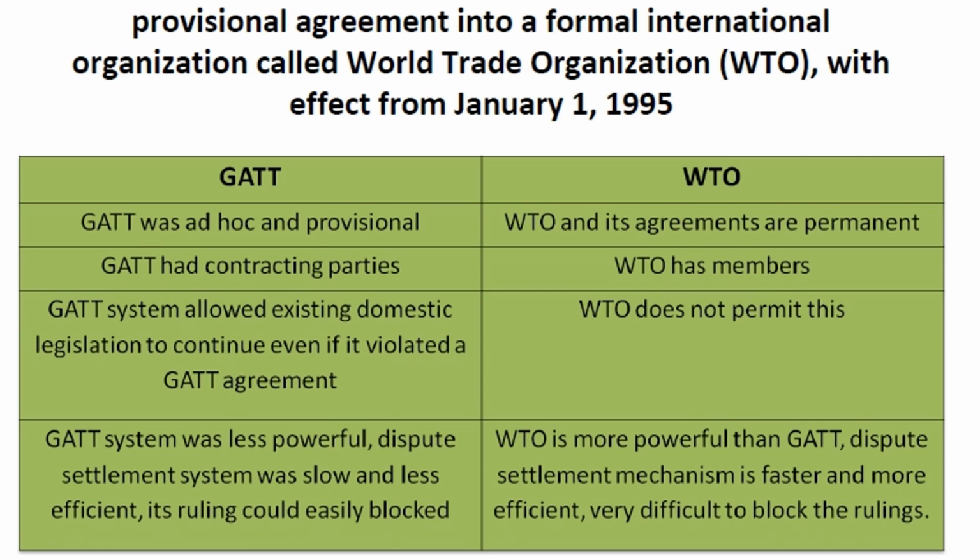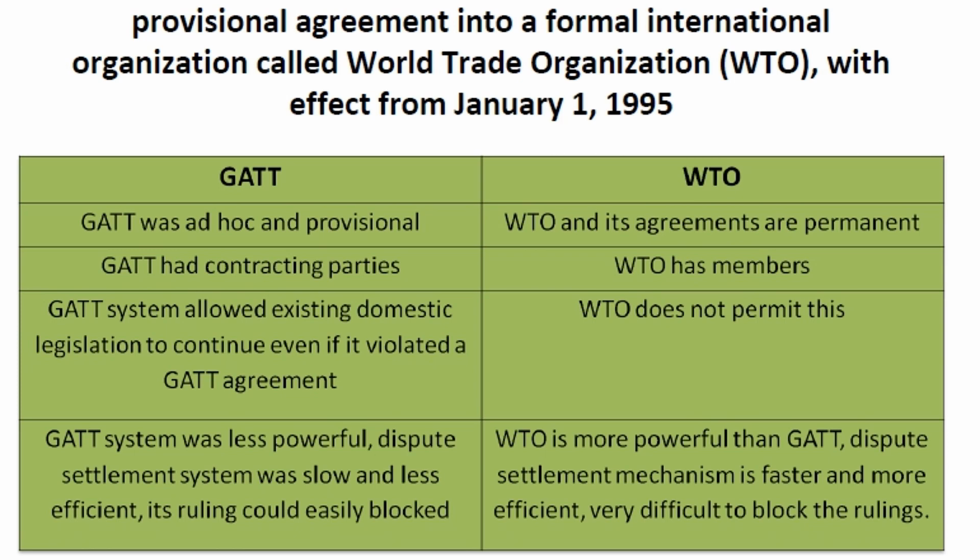So once you sign the agreement, you cannot go back. WTO has members. In the case of GATT, you could simply cancel the contract and you did not have to follow the rules. The GATT system allowed existing domestic legislation to continue even if it violated a GATT agreement, whereas the WTO does not permit this. Once you sign the agreement, you have to follow all the points of it.